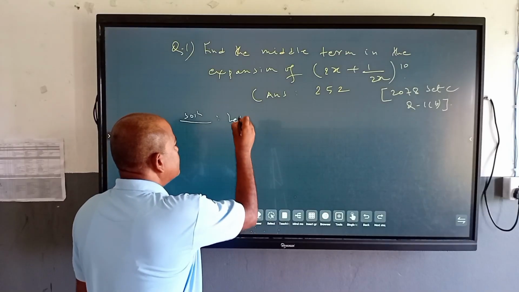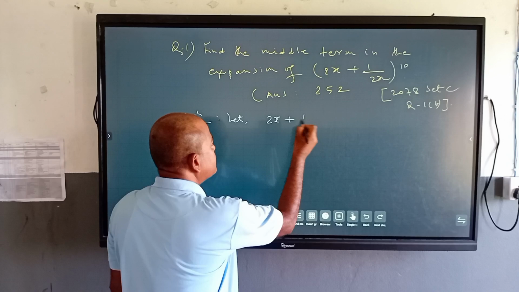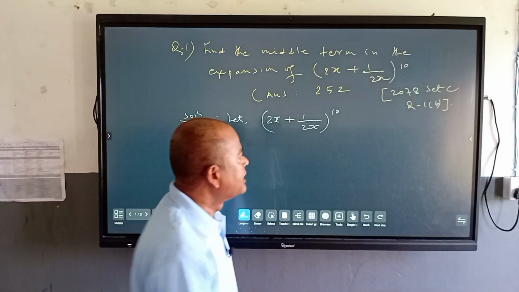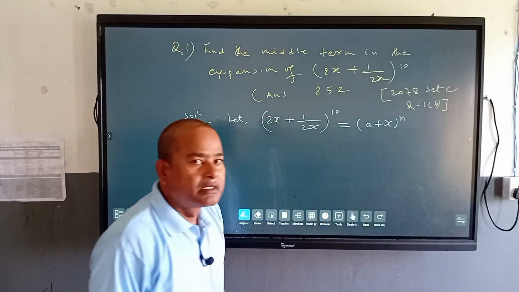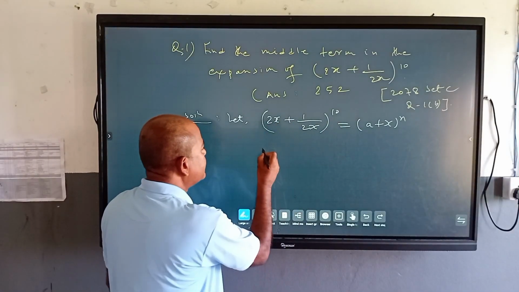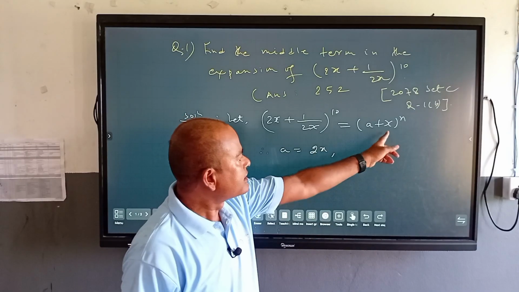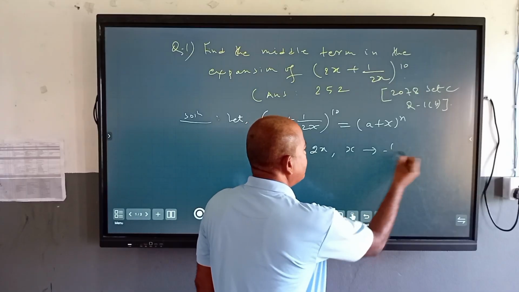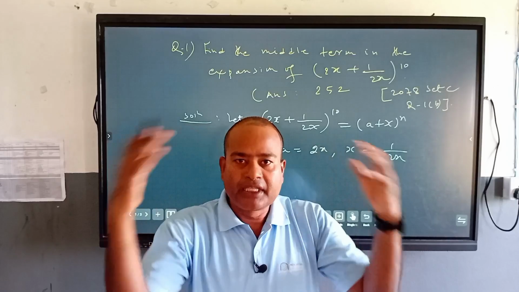Let (2x + 1/2x) whole power 10 equal (a + x) whole power n, where a is the first term, so a means 2x and x means 1 by 2x, so that we can easily put the value in the formula.